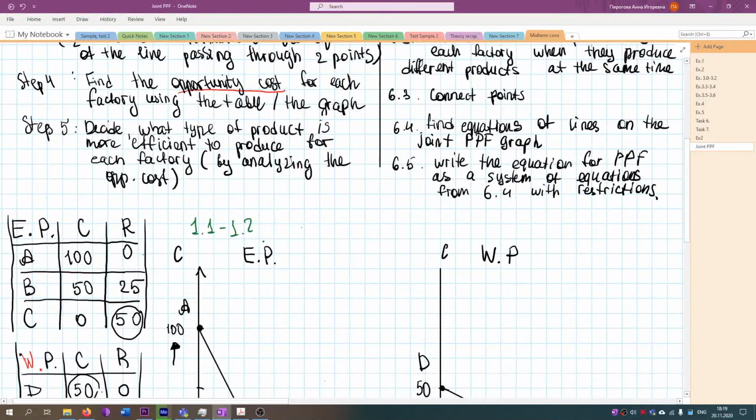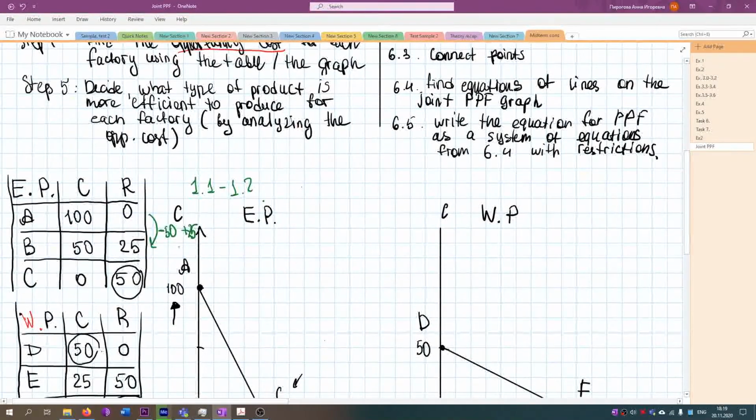Here we need to find the changes in our amounts of cars and radios. So if we move from the first row to the second row, we need to give up 50 cars because it is minus 50 for cars and plus 25 for the radios.